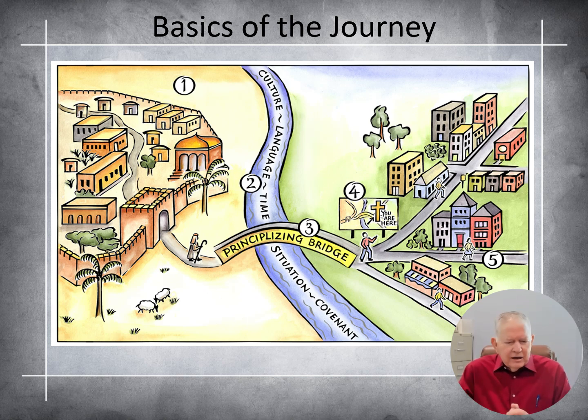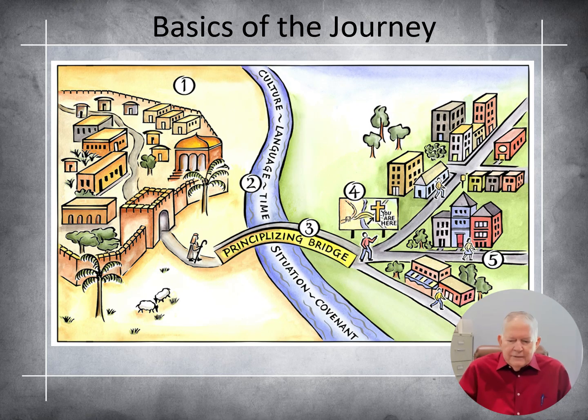So this is a wonderful simplification here in this picture of how do you get from one side of the river to the other. And if you'll notice, there are 5 areas there, 5 circles enumerated for us.